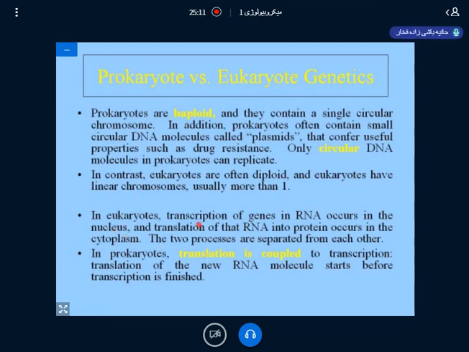In prokaryote, transcription and translation both occur in cytoplasm. Eukaryote: transcription in nucleus, translation in cytoplasm, but in prokaryote, both of them occur in cytoplasm. Please write, and I will say.